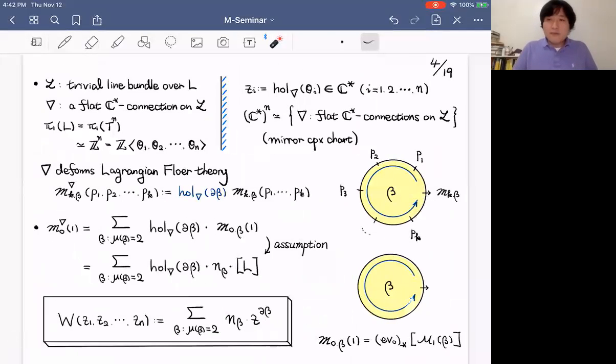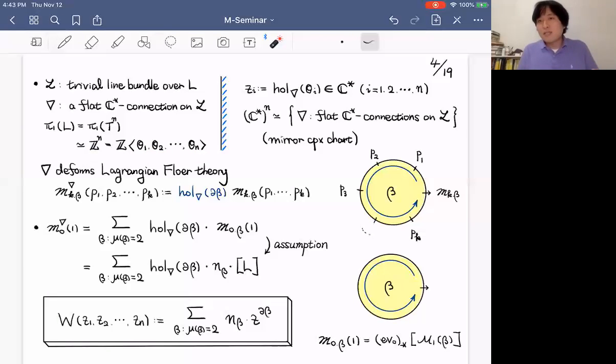And now the potential function governs the deformation of the Floer theory. For that purpose, I will introduce the deformation of the Floer theory using a flat connection. So let's think about the trivial line bundle over the Lagrangian torus, and let's choose a flat connection on it. The fundamental group of the torus has rank n in this case, so let's choose a basis for pi1, say theta 1 through theta n.